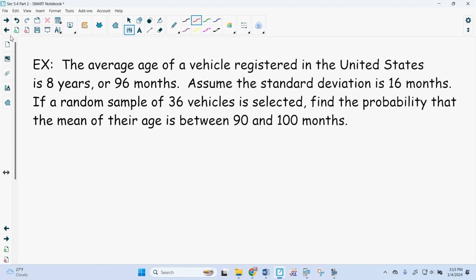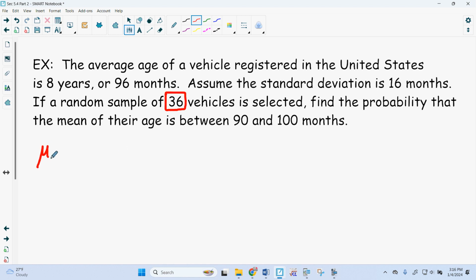So let's look at an example. The average age of a vehicle registered in the United States is 8 years, or 96 months. Assume the standard deviation is 16 months. If a random sample of 36 vehicles is selected, find the probability that the mean of their age is between 90 and 100. Now notice, this doesn't tell us anything about the original distribution. Doesn't tell us anything is normal. But because our sample size is bigger than 30, we are okay.